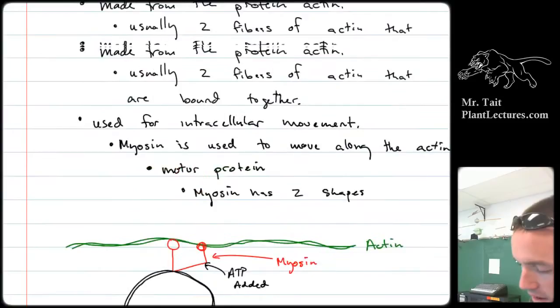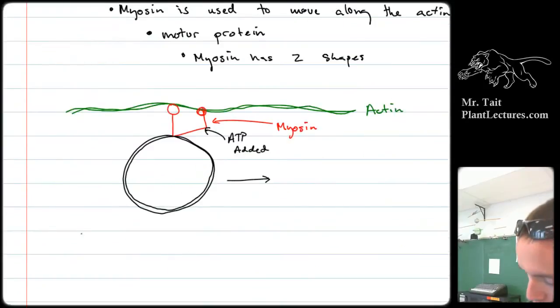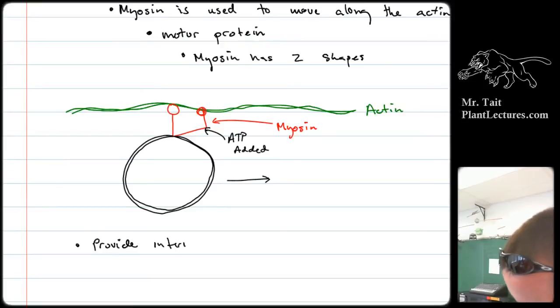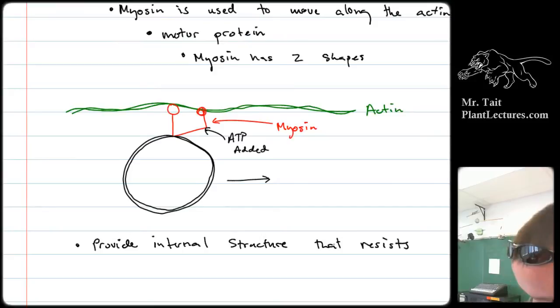The other thing that microfilaments are really good for is that they provide an internal structure for the cell, and that structure is going to resist the crushing force. Okay, so they provide internal structure that resists crushing force.